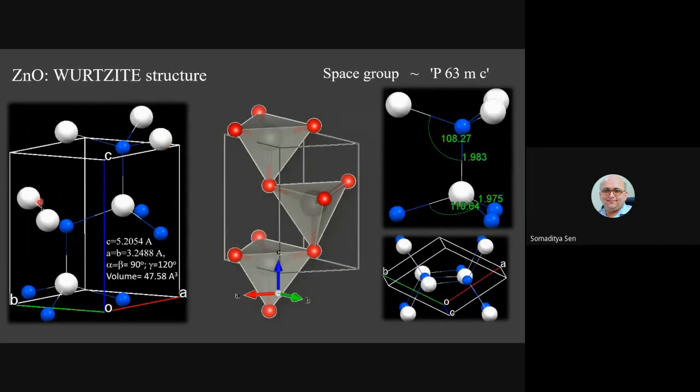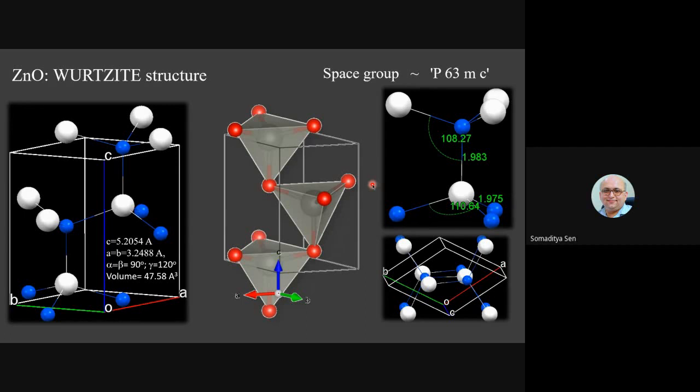These are the oxygen atoms, and they form a plane. And the zinc atoms also form a plane. They are separated by a distance. So intrinsically, the Woodside structure has the negative oxygen plane and the positive zinc plane separated by a distance.